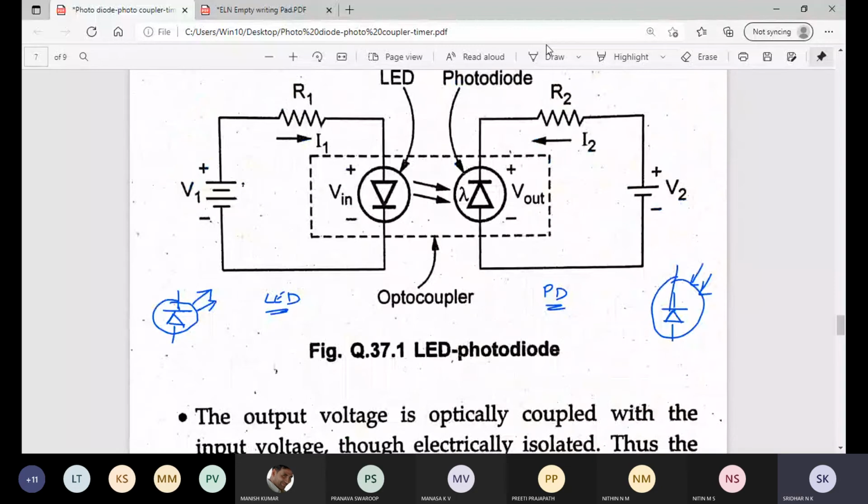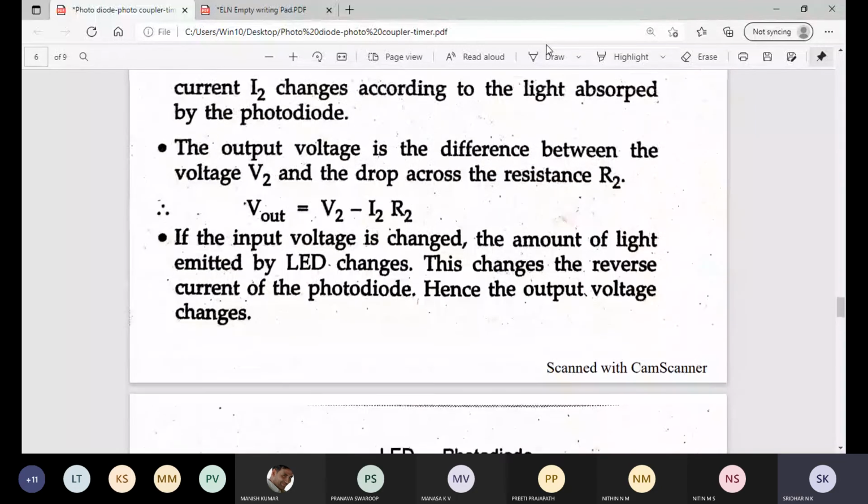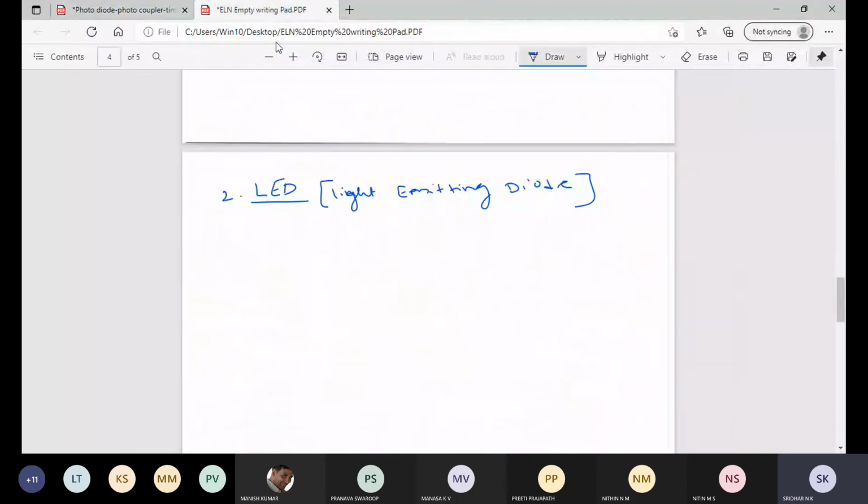the number of persons entering into the classroom, what we'll do is, if this is the door of the classroom, I'll fix the LED to one end, and to the other end I'll fix a photodiode, and this circuit is switched on.